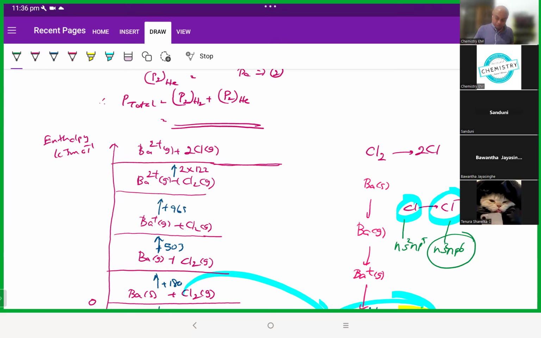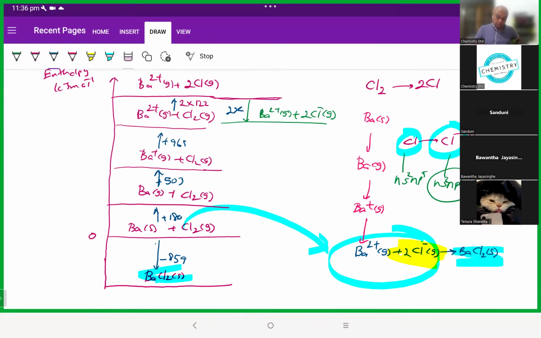So it is coming somewhere around here. So Ba2+ gas plus 2Cl minus ions. This also needs to be multiplied by 2 because we are converting two chlorine atoms into two Cl minus ions, right? So this is x, what we need to find. This should be 2x.